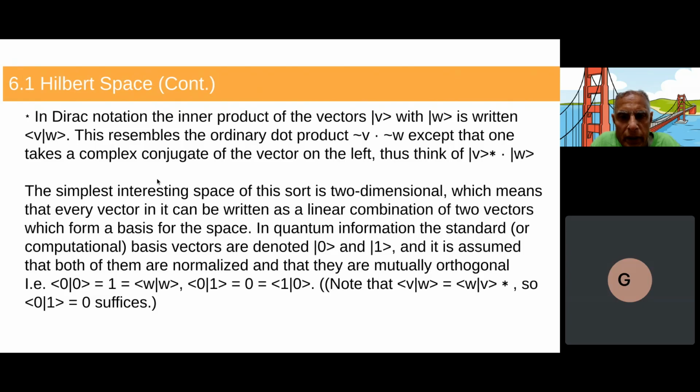So let's take a simple two-dimensional space, where every vector can be written as a combination of two vectors as basis. Now why did we do this? This comes out of the notion that when we say qubit, it means a linear combination or superposition of basis states. The basis states are 0 and 1, and they are mutually exclusive.